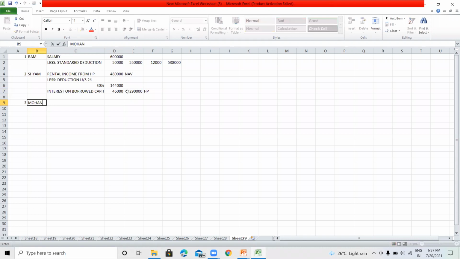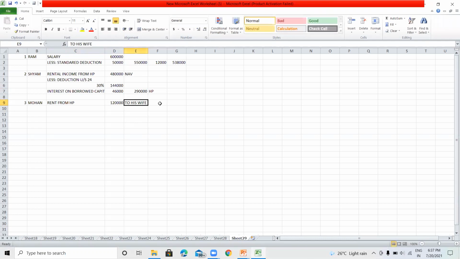Mr. Mohan received the amount of rent from house property. The amount of rent is 1,20,000. Now, Mr. Mohan transfers such amount to his wife. According to him, now it will be taxable in the hands of his wife.